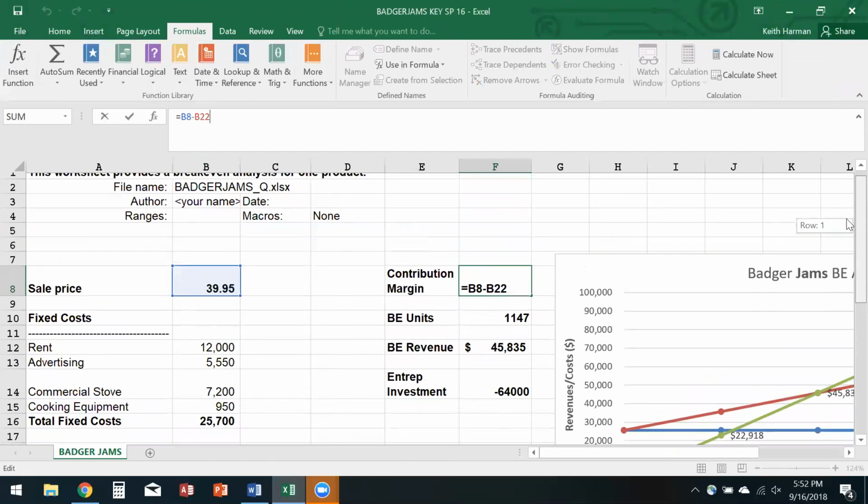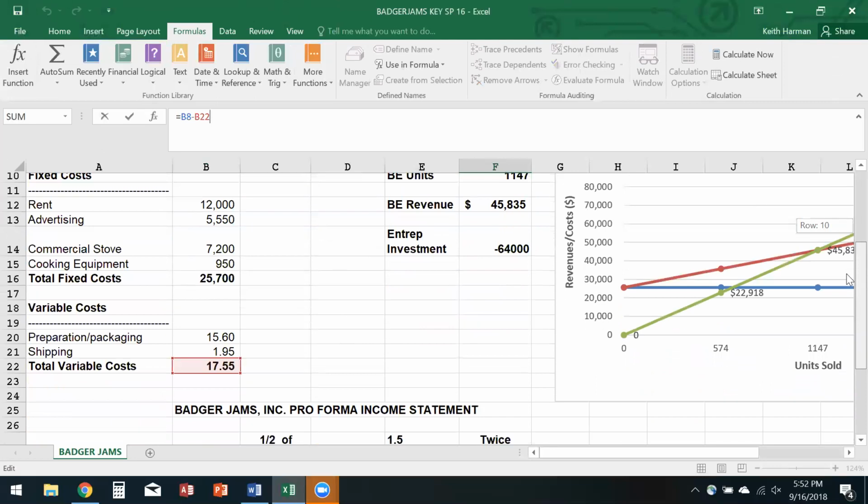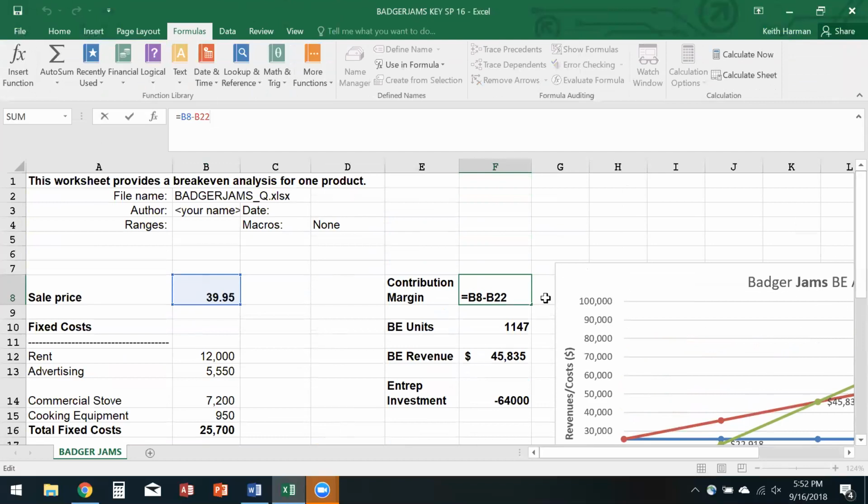Now let's look at that, the total variable costs. All right. And again, the variable costs are on a per unit basis. So what I'm going to do here is, instead of that, I'm going to use these in a formula. So I'm going to use a formula, and that's going to be sale price, okay, minus, and we'll go down here.